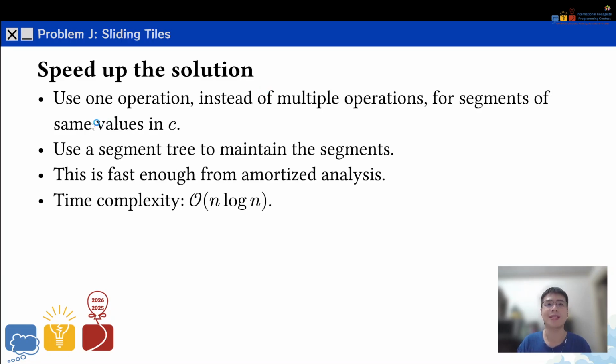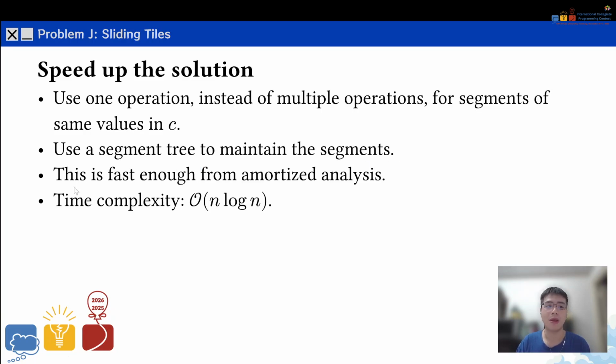The solution is pretty standard: we use one operation to perform the range addition for segments of the same values. For example, if you have 5 threes in C, then it is equivalent to adding 5 to the range of C of length 3. So what we can do is use a segment tree to maintain the segments of the same values.